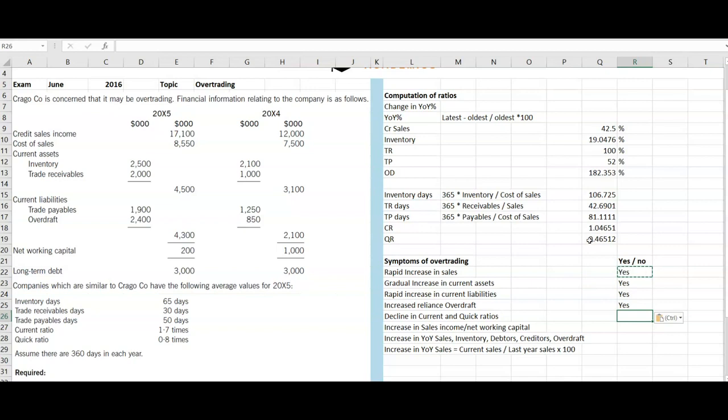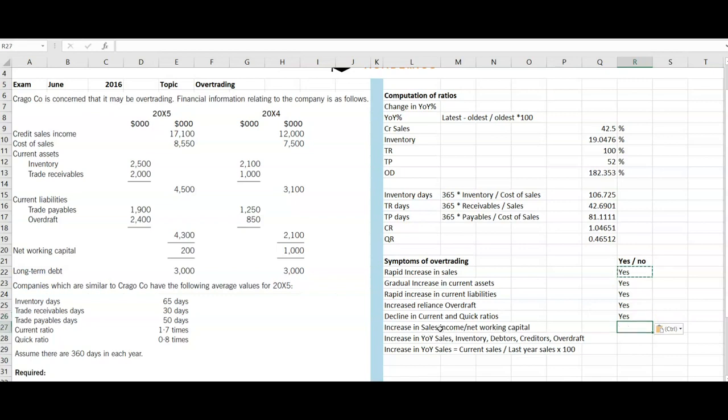Decline in current ratio and quick ratio. Quick ratio and current ratio should fall. For that, we have to work out the previous year numbers. But rather than comparing with previous numbers, we can also compare with the industry numbers. The industry current ratio is 1.7, our company is 1, and the quick ratio should be 0.8, our company is 0.4. So is it a symptom? Yes, again it's a worse position. There should be an increase in sales divided by net working capital.